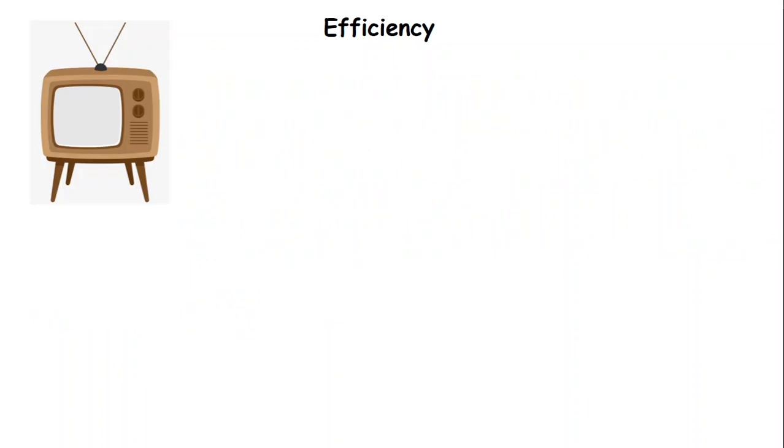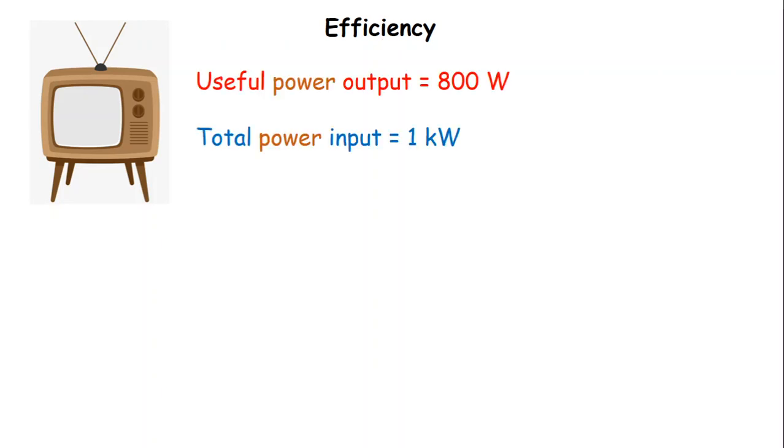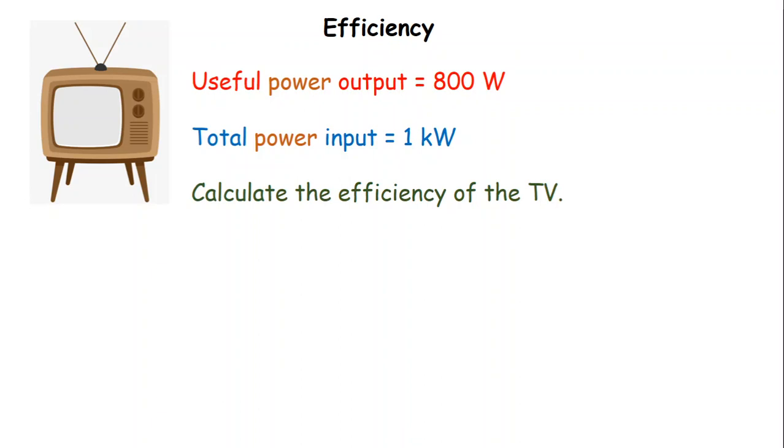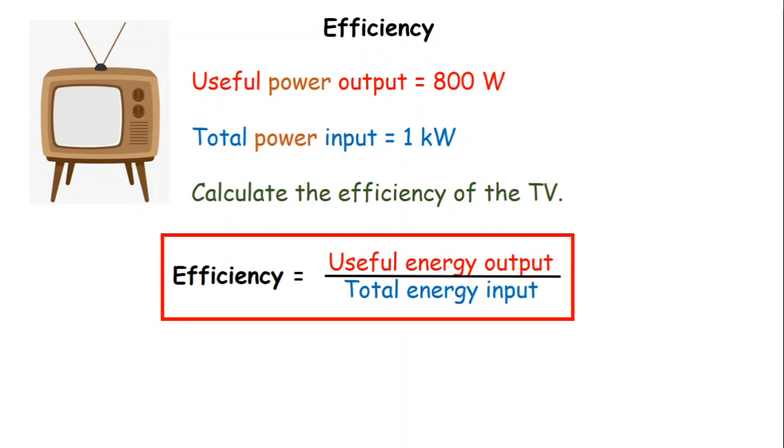Now we are going to look at a slightly more complicated example. In this case, we have a TV which has a useful power output of 800 watts and a total power input of 1 kilowatt. And we have to calculate the efficiency of the TV. The equation to calculate efficiency was useful energy output divided by total energy input.